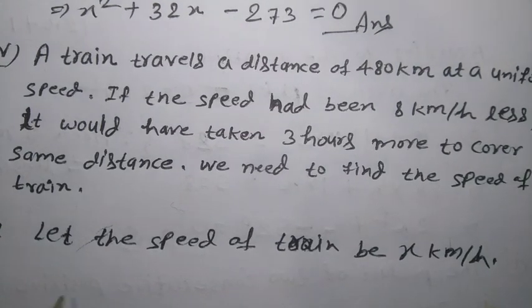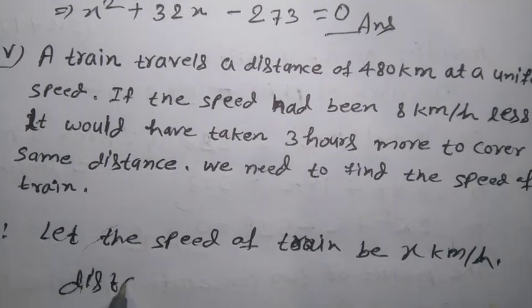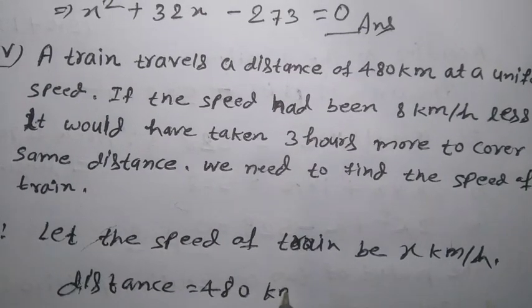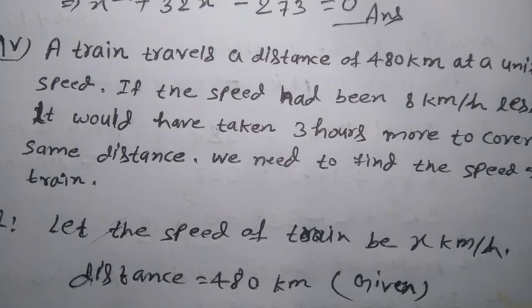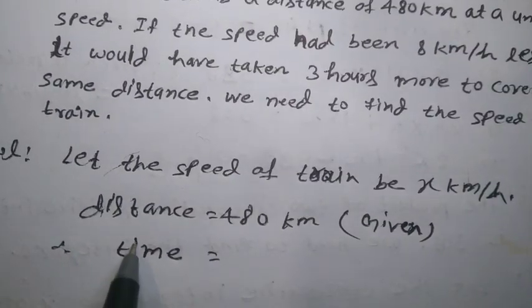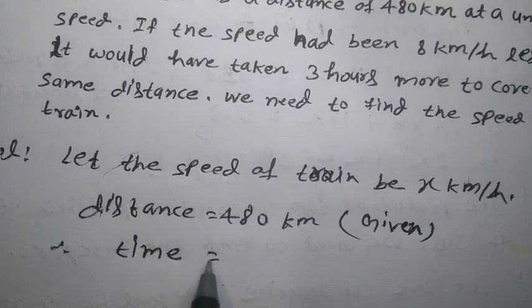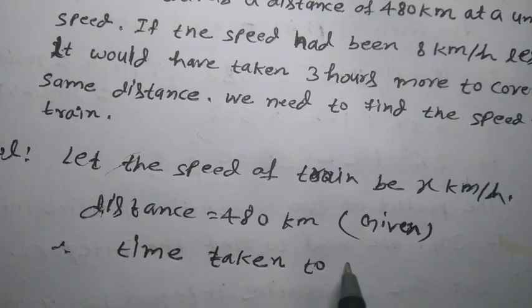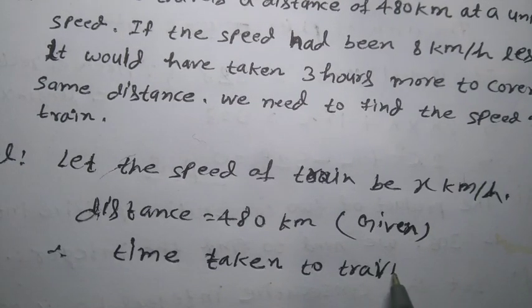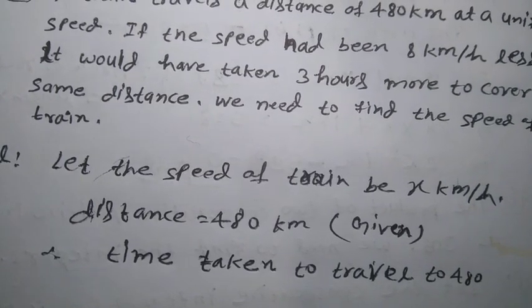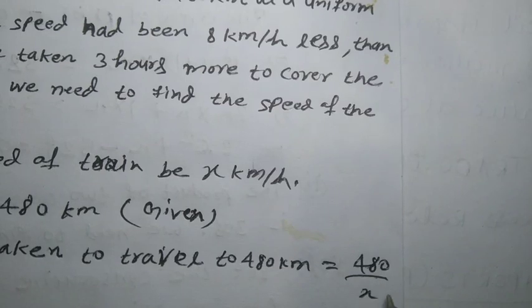Therefore the time taken to travel 480 kilometer is equal to 480 by x hour.